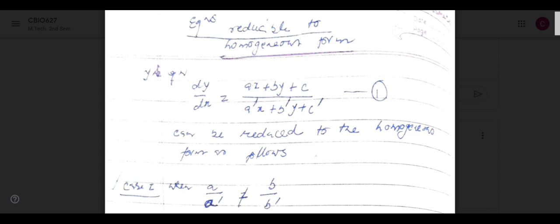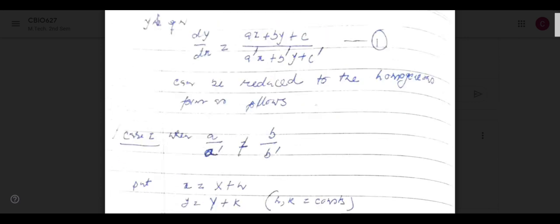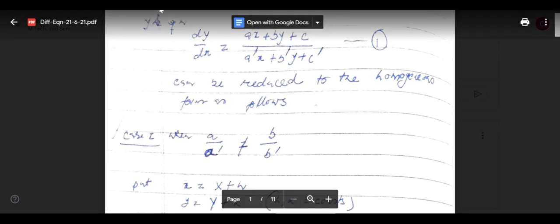See this one, x into y means x power 1, y power 1. And below this one is x, not x square. Then the degree is the same, no? Or not?